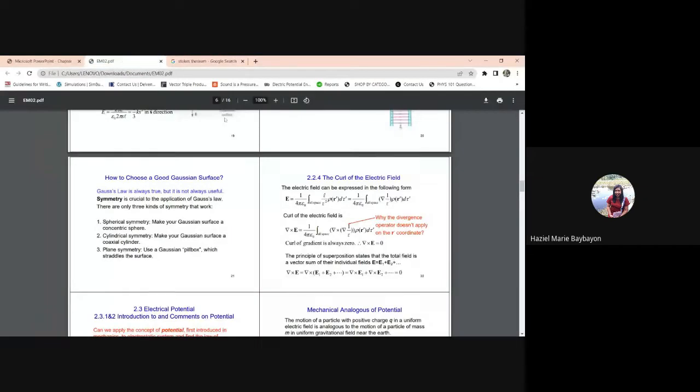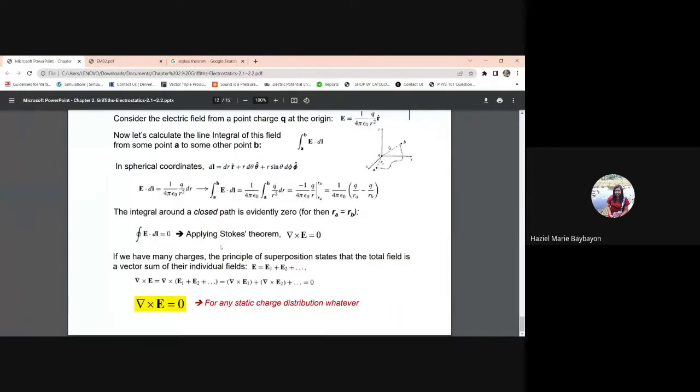Okay, so sorry, you have this one. It was not written, but when we apply Stokes' theorem here, we have the surface integral of the curl of E dot dA. Okay, so here, since the closed integral of E dot dl is equal to 0, then it follows that the curl of E is equal to 0. So this is always true.